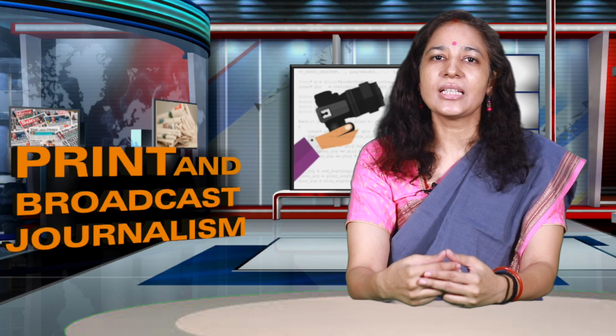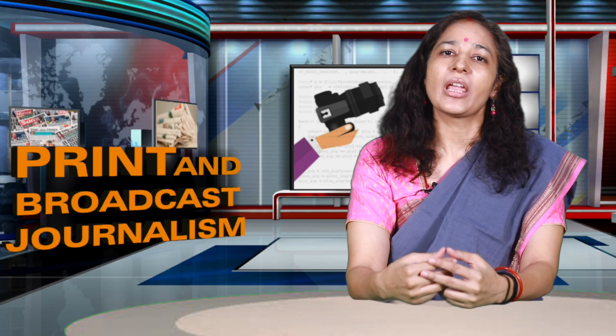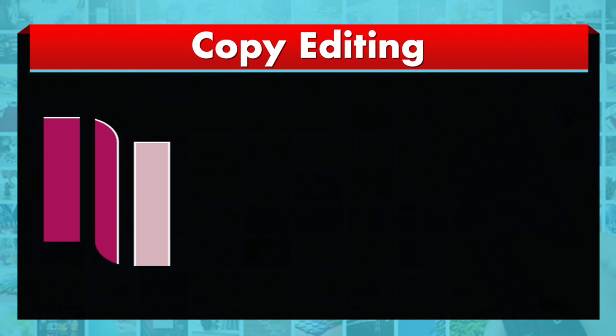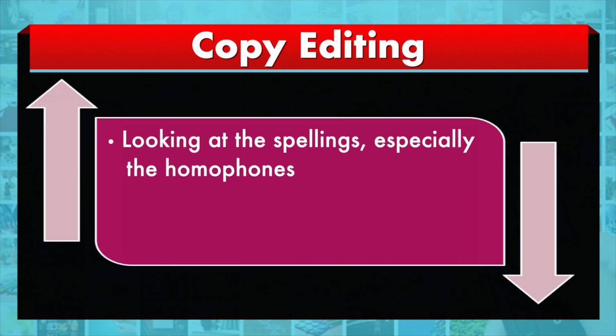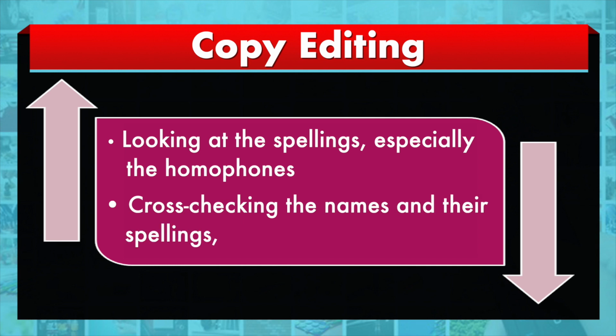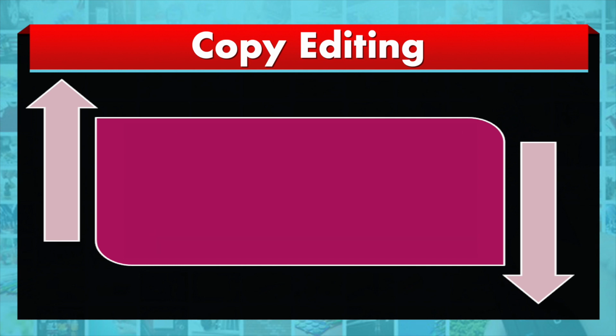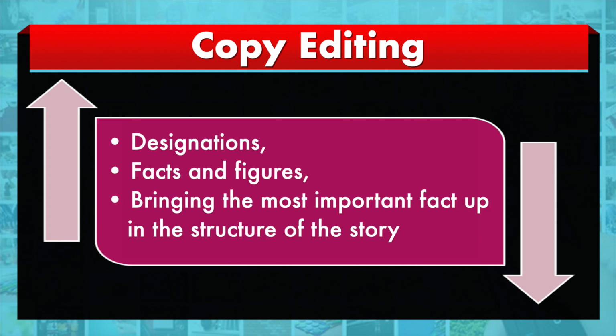So, copy editing is a process of improving the copy. For example, looking at the spellings, especially the homophones, cross-checking the names and their spellings, designations, facts and figures, bringing the most important fact up in the structure of the story, and many other tasks.